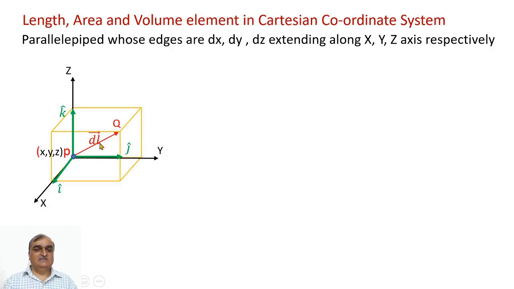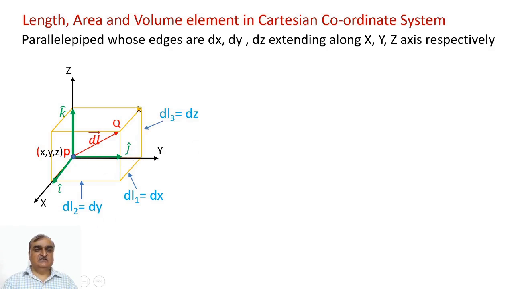Again, this dl has three components along x-axis, y-axis and z-axis. Along x-axis, the component dl1 is equal to dx and direction is i cap. Along y-axis, the component dl2 is equal to dy and the direction is given by unit vector j cap.